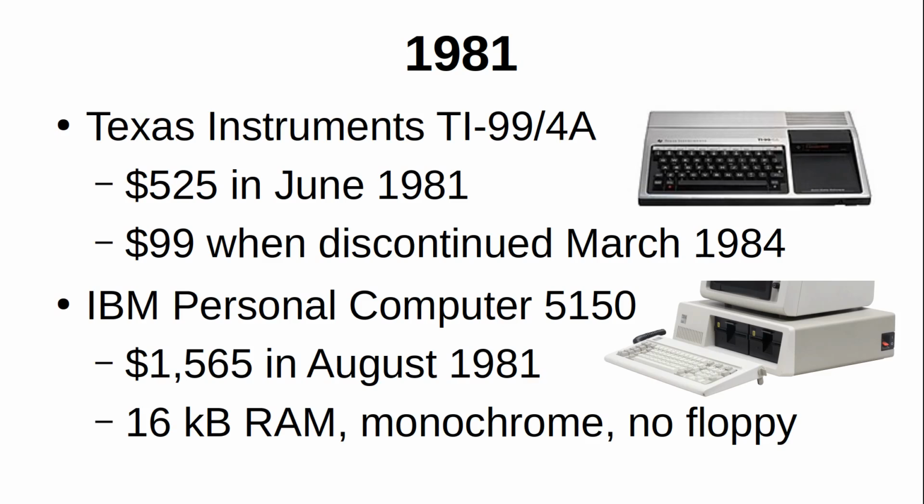Most computer users, if they were going to invest in an IBM PC in this very first generation, were at least going to get one floppy drive on that. And I think also a lot of them would opt for more memory in it.